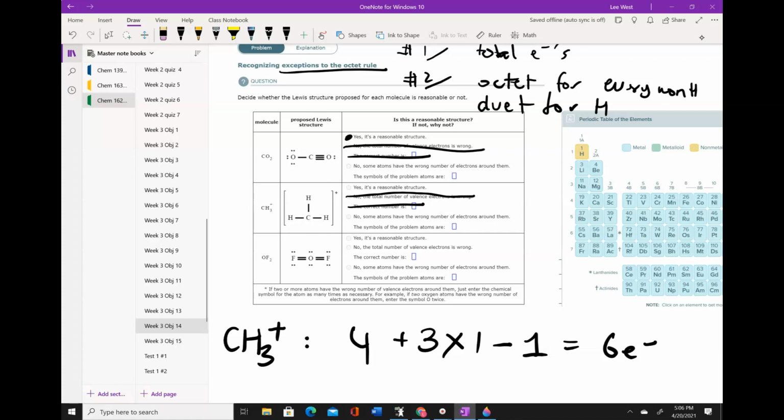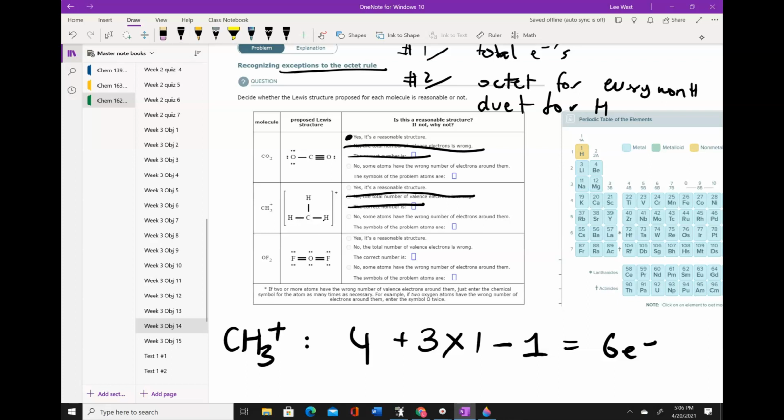The next thing is, does every atom have the correct number of electrons around it? Well, let's have a look at this. We've got 2 for that hydrogen, 2 for that hydrogen, and 2 for that hydrogen. So that is good. But this carbon here, 2, 4, 6, only has 6 electrons around it.